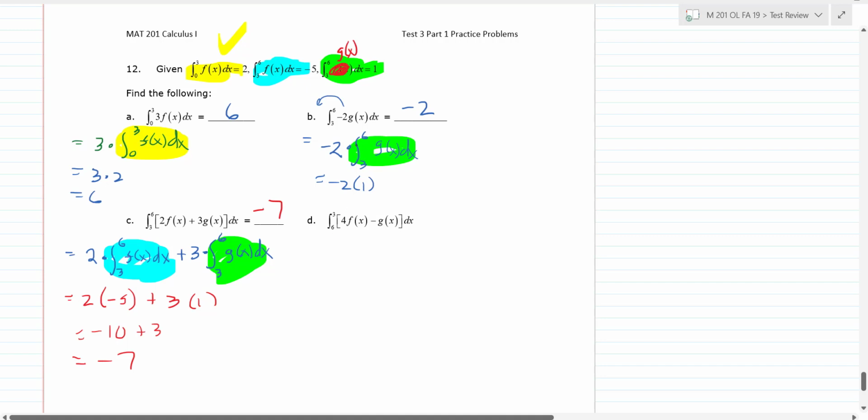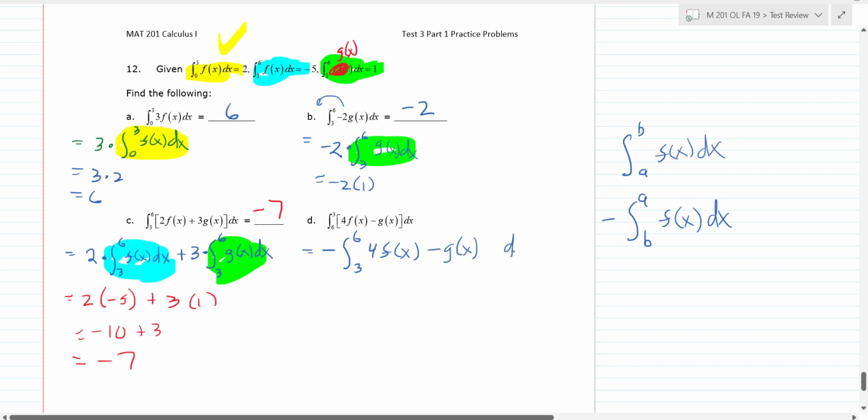Now the next one, we have the limits backwards. We learned this property that if you have the integral from a to b of f of x dx, and you change the limits, then you get the opposite answer. That's a basic property that you have to know in order to do this problem. So you start off by writing this as negative the integral from 3 to 6 of f of x minus g of x, and then dx.